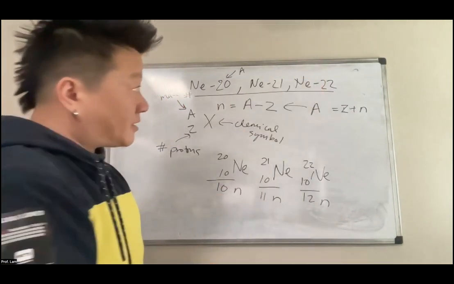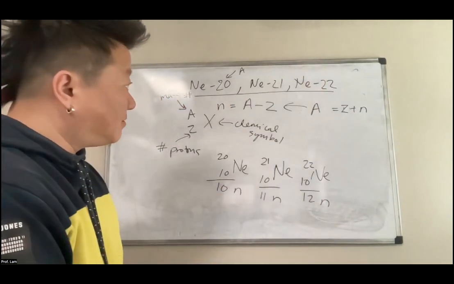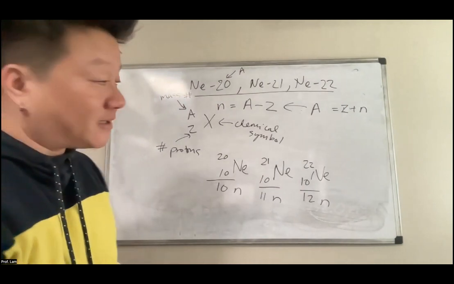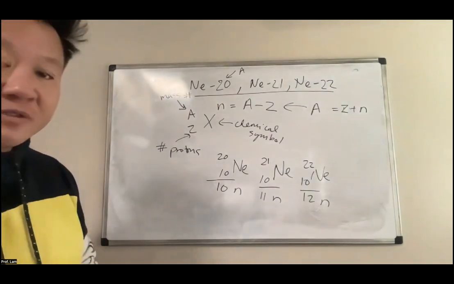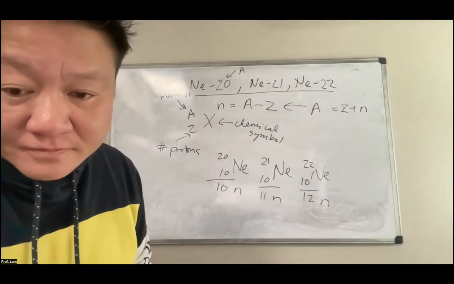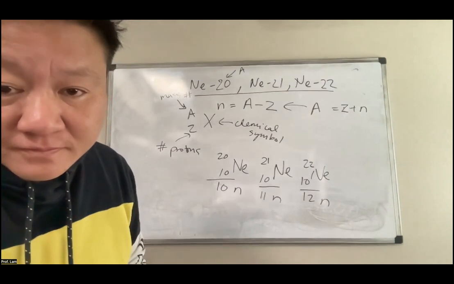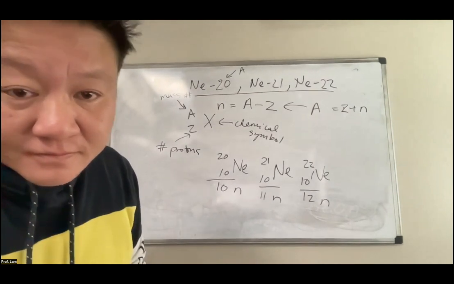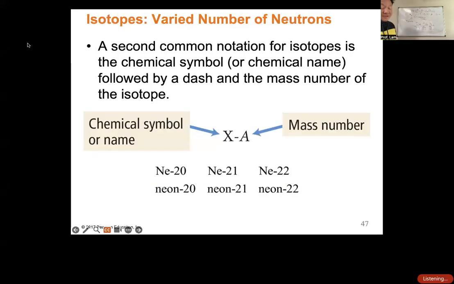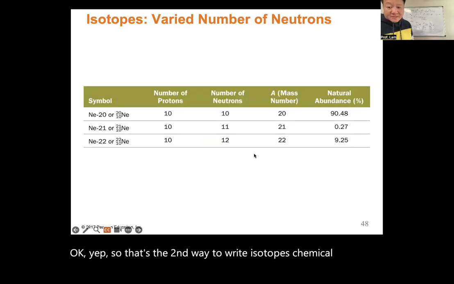You just look at your periodic table to know that neon has 10 protons, right? So that's the second common notation to write isotopes: chemical symbol, and then the mass number.